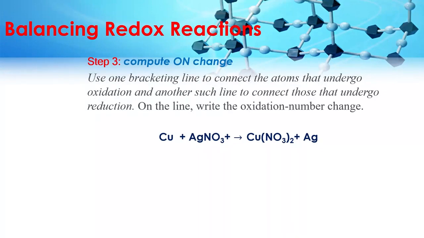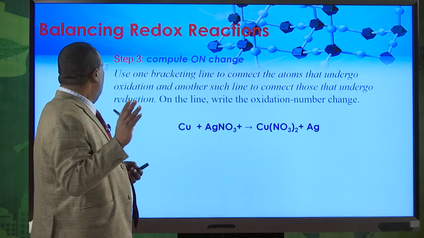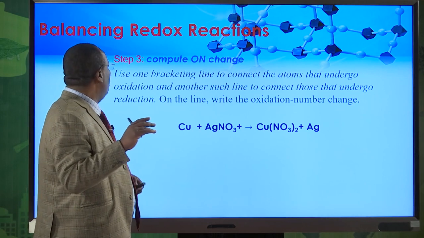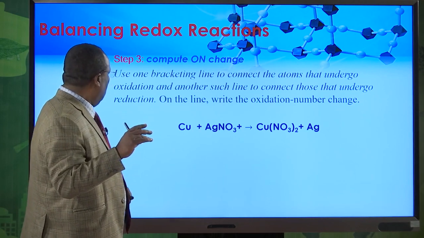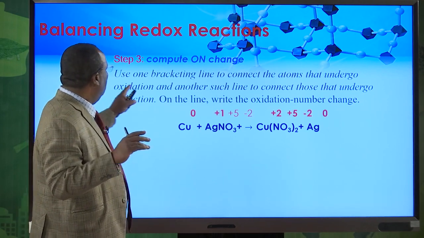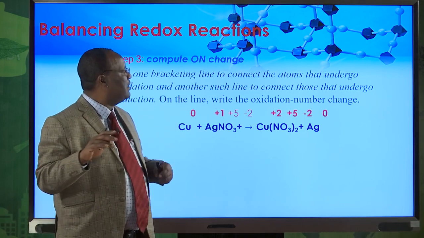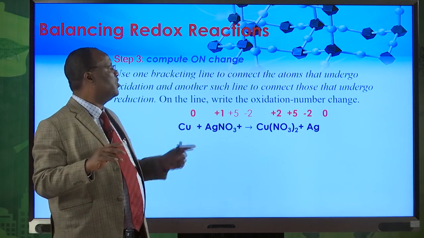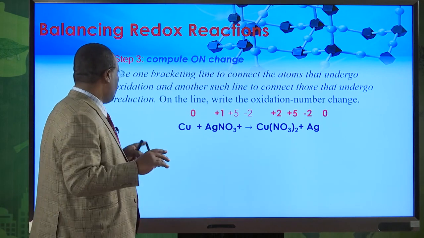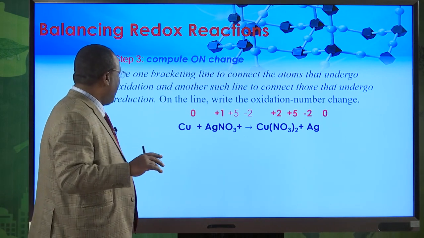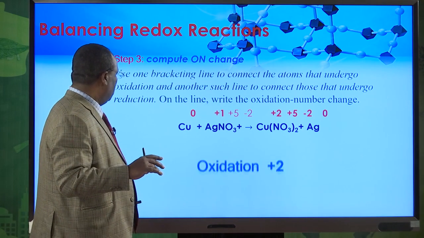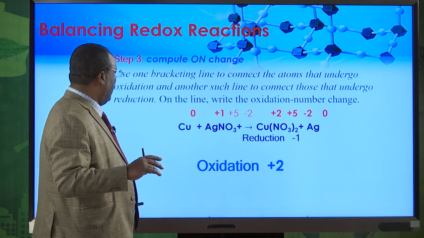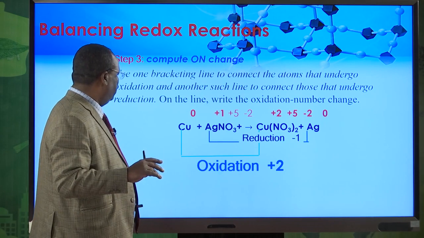The next step is we are going to compute the oxidation number change. In this case, we use one bracketing line to connect the atoms that undergo oxidation and another line to connect those that undergo reduction. So we connect them by a bracket line.